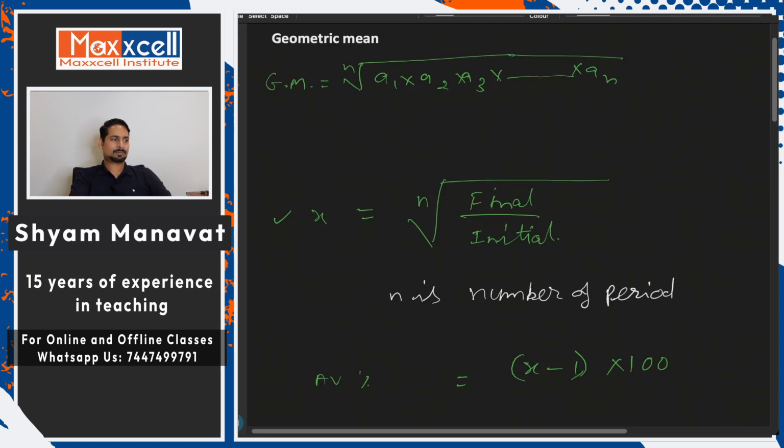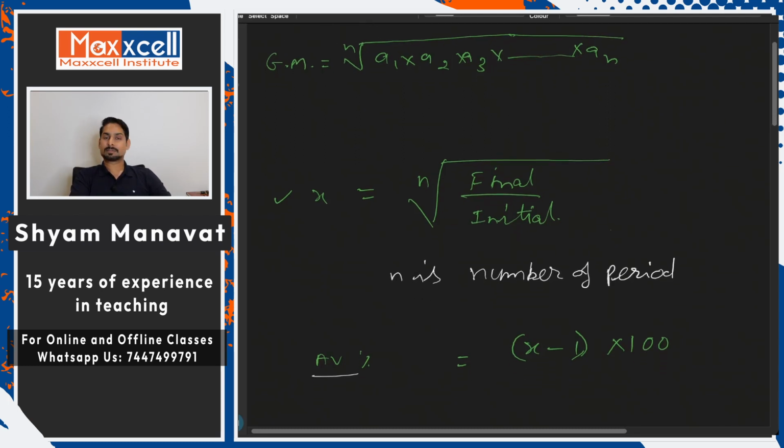And then to get the final average percentage growth, from this x you take minus 1, and then multiply by 100, you get the answer.